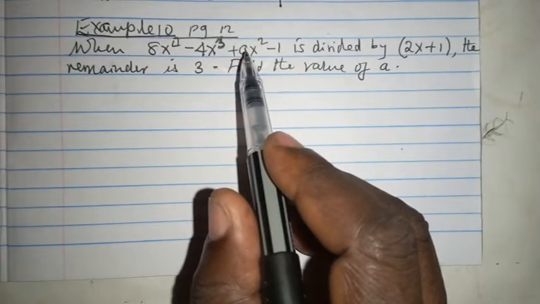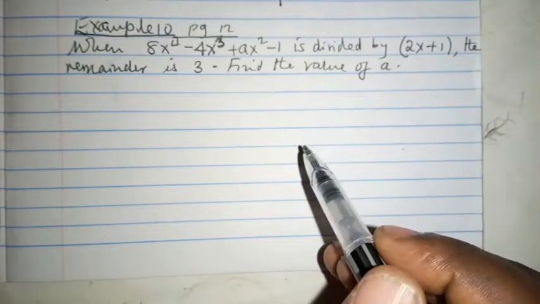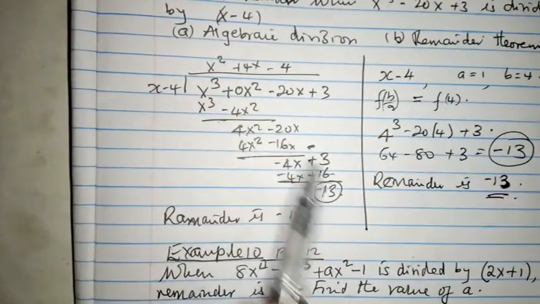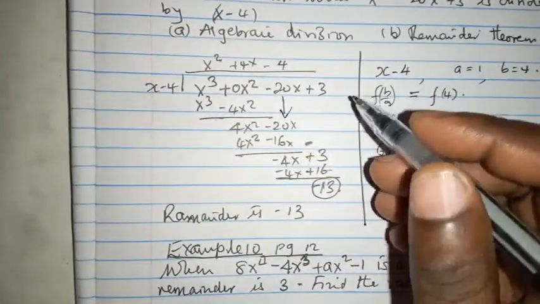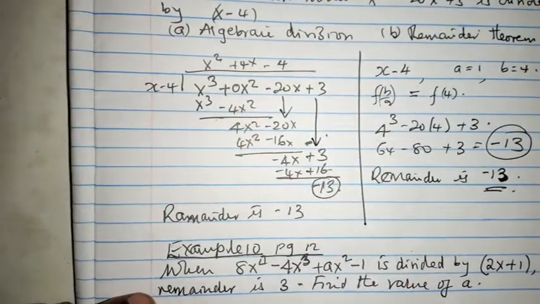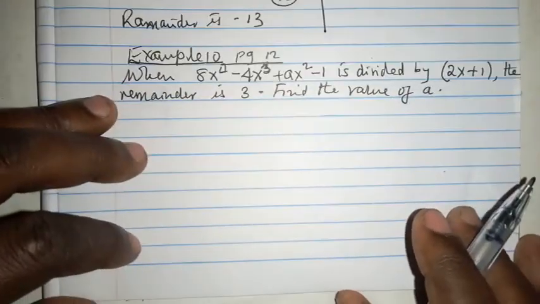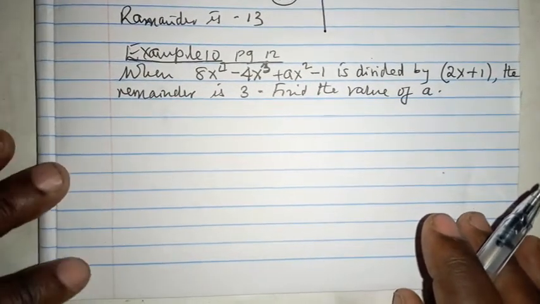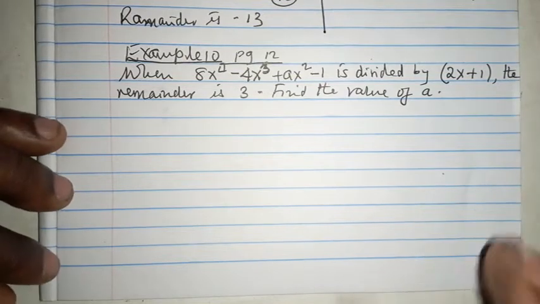When we drop terms downwards in the long division method, like in the previous example where we kept dropping 20, we kept dropping 3, then when we get to a, we will still drop it as a, and we cannot continue from there. We cannot divide. Let's try the remainder theorem.